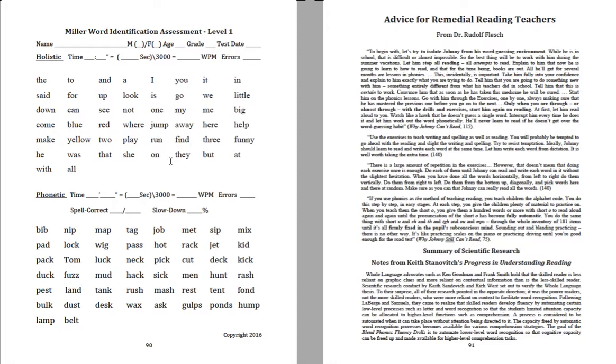These are the first 50 words in the Dolch sight word list. These are simple words. These are actually from Rudolph Fleisch's Why Johnny Can't Read, and all these words are in this program too. It has the consonant blends, the CK, simple short vowel words.